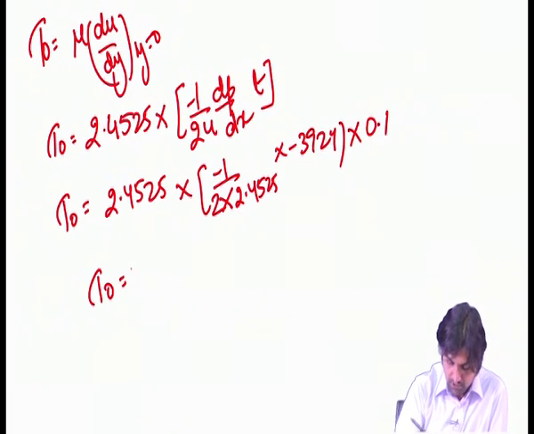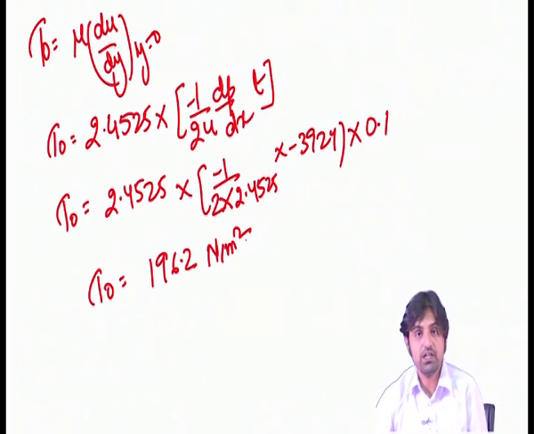So, tau naught is coming out to be 196.2 Newton per meter square.